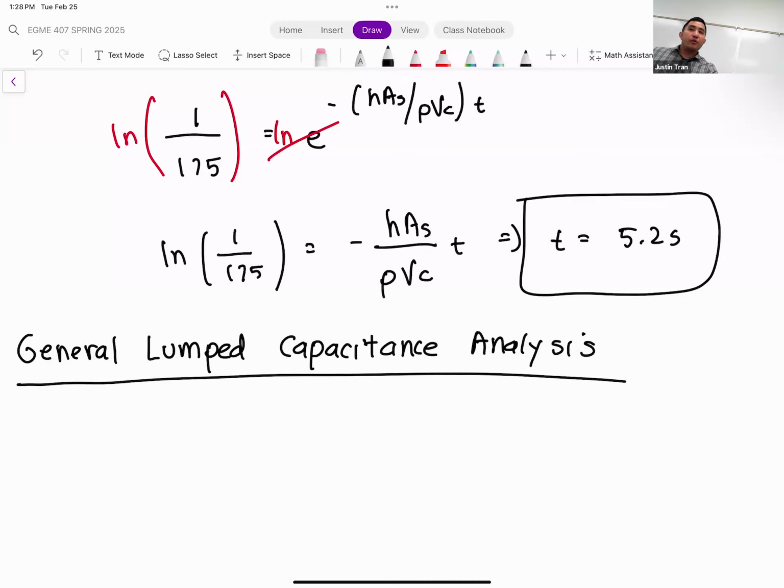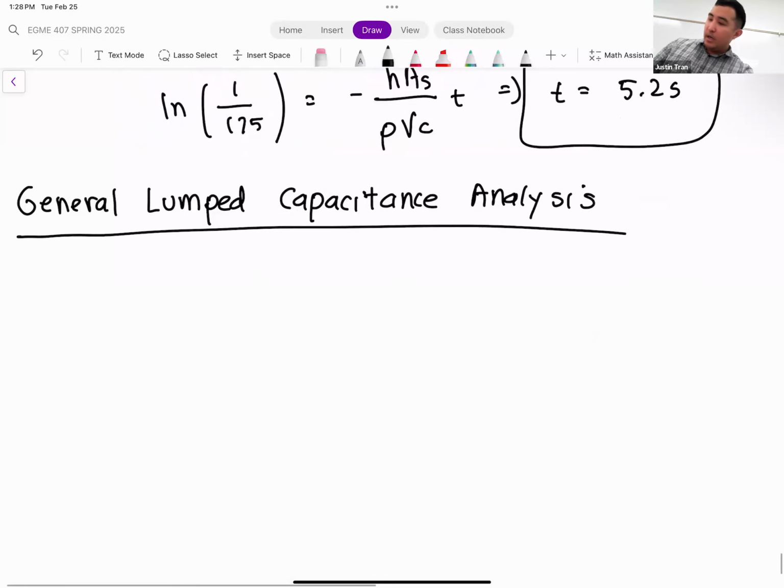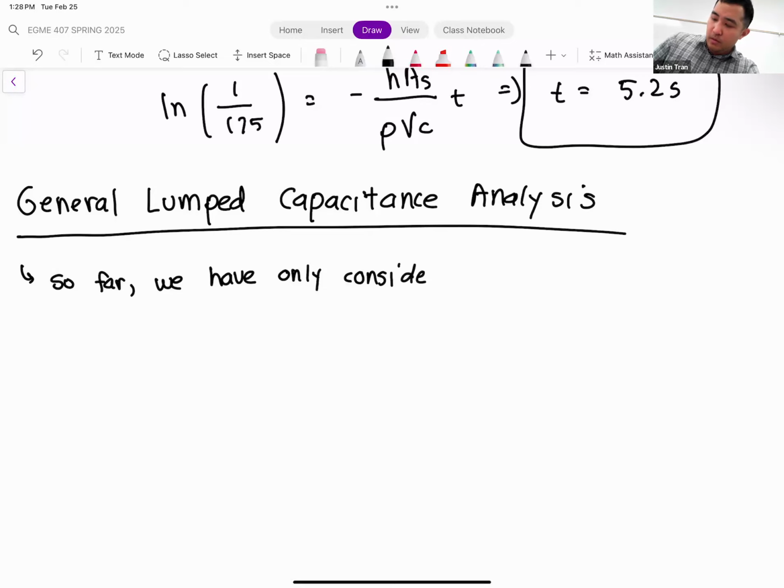So this is called general lump capacitance analysis. So far, the only source of heat that we've been considering for our unsteady situations has been convection.